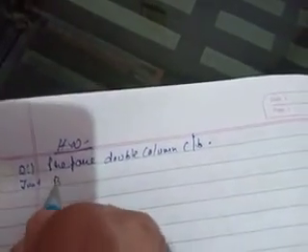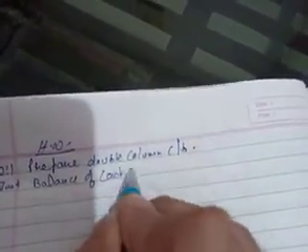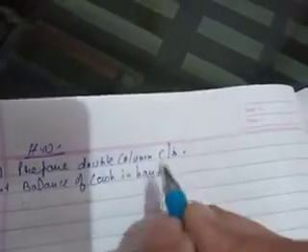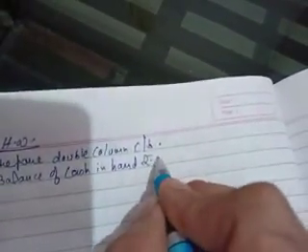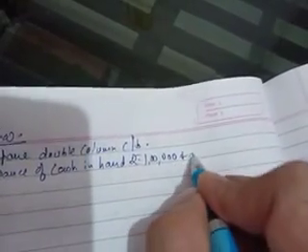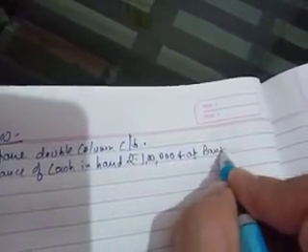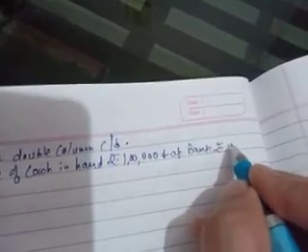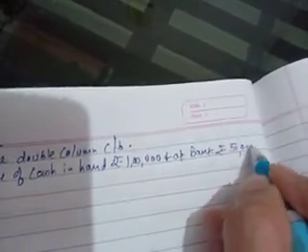June 1, balance of cash in hand rupees 1 lakh, and at bank rupees 50,000.